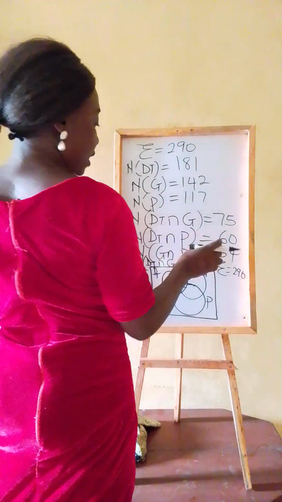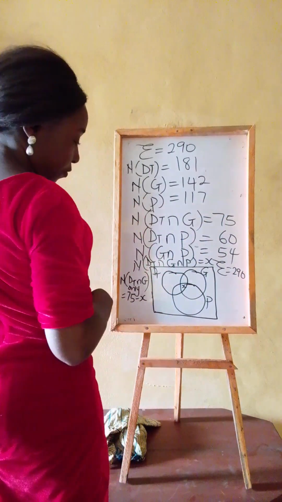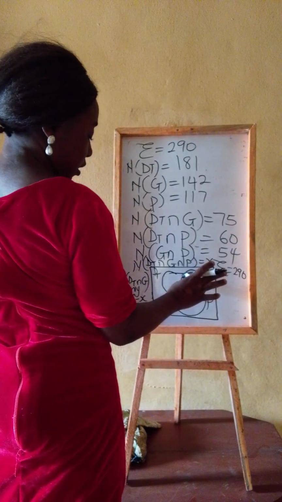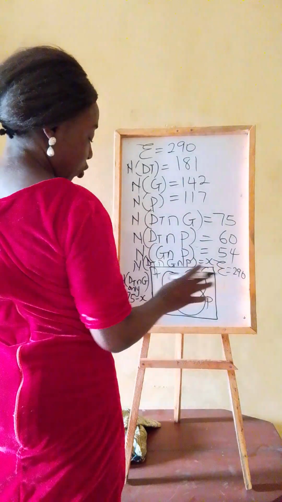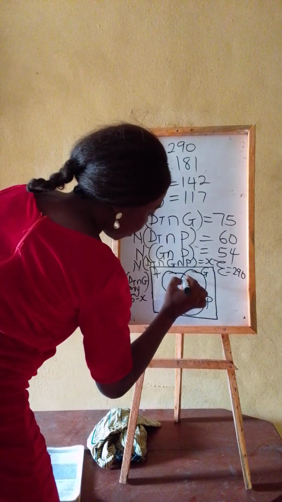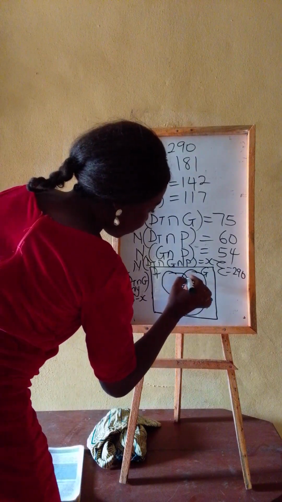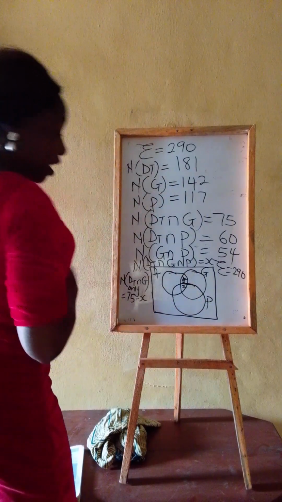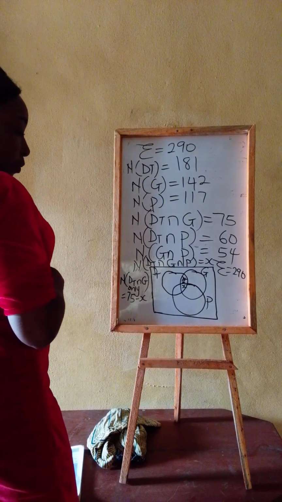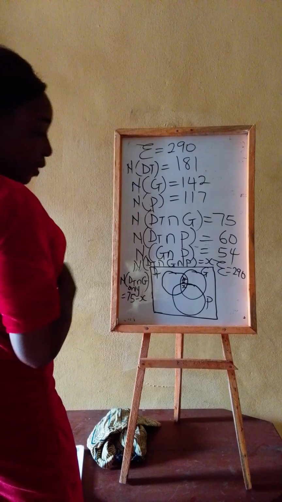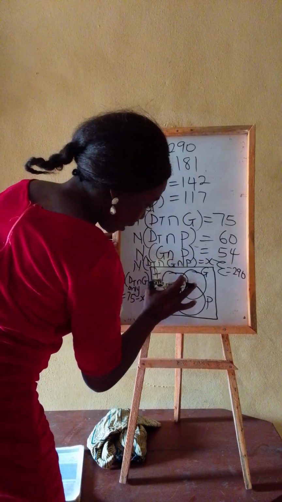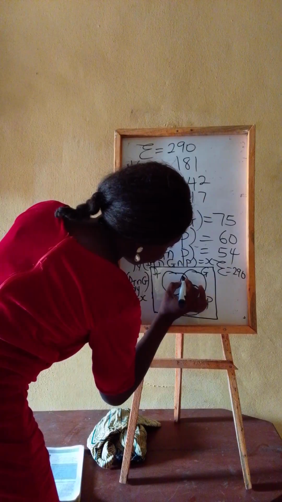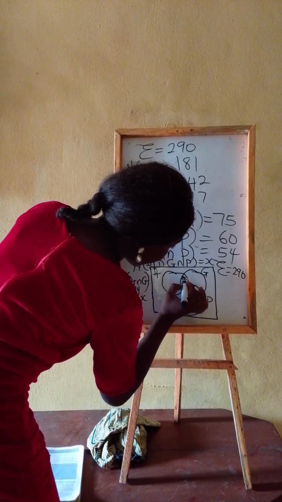So this is where the intersection is, where the two of them are joining. So here we have 75 minus x.